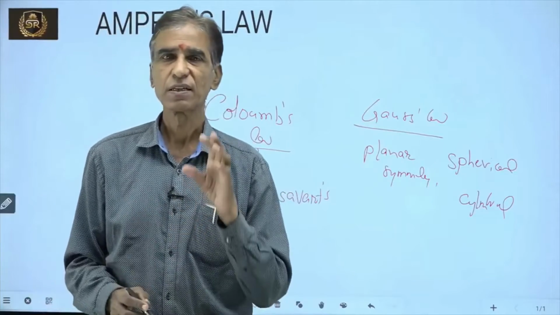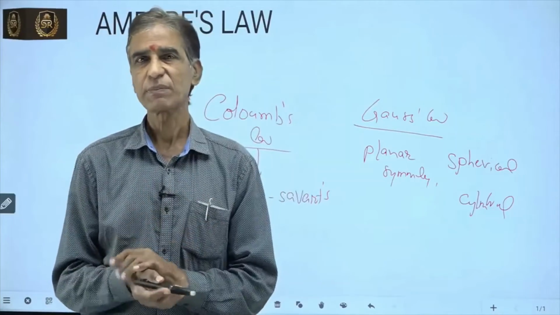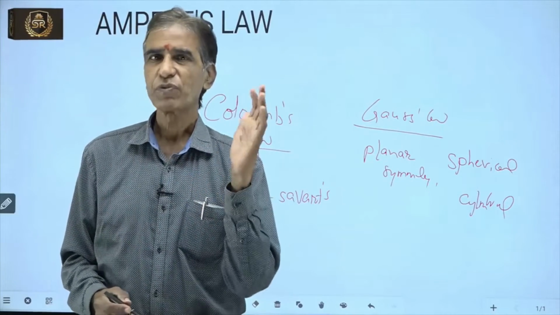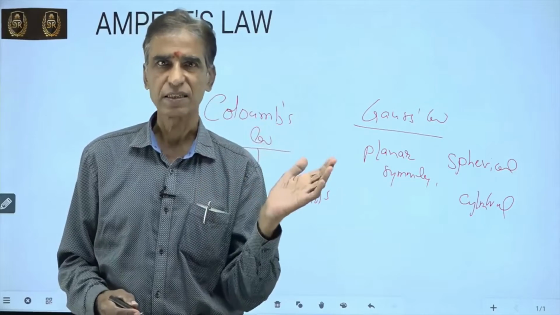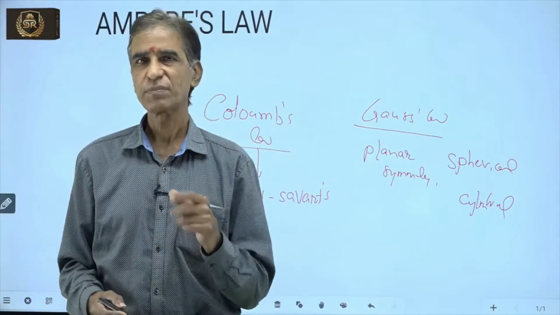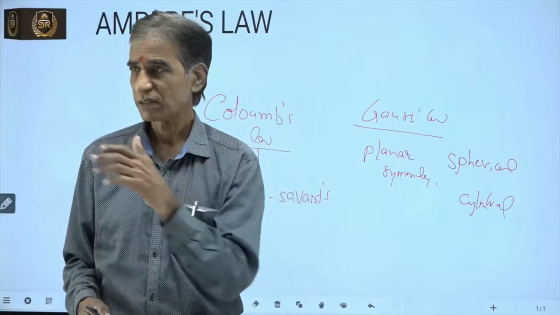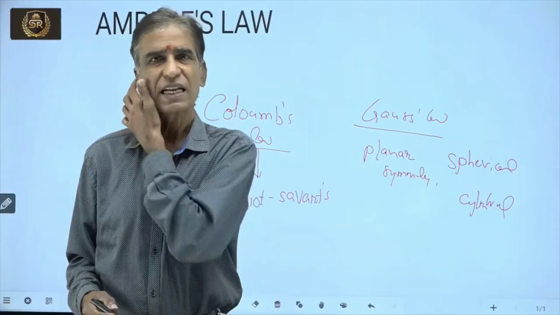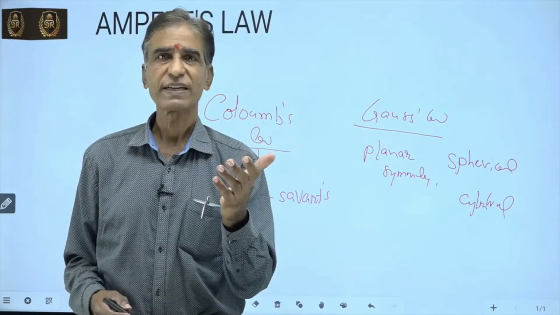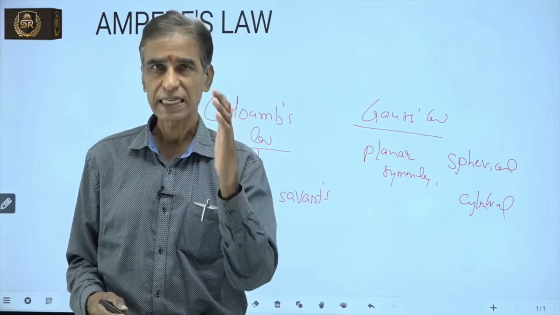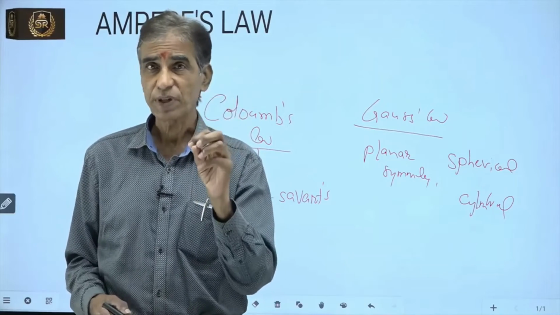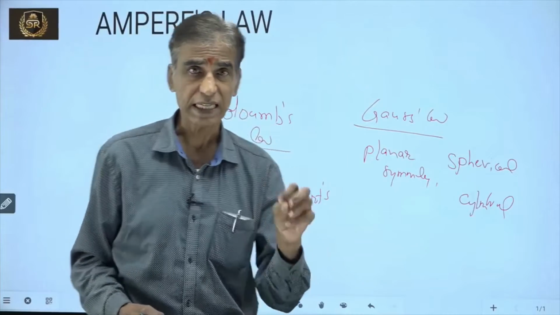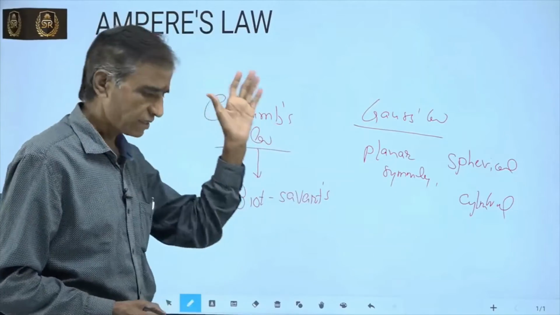There should be some symmetry. But practically, any current carrying conductors we take are symmetric. For example, our electrical wire, the transmission line, or the domestic wire, they are all cylindrical. So when we want to find the magnetic induction due to a symmetric current carrying element, it is very convenient to use Ampere's law.